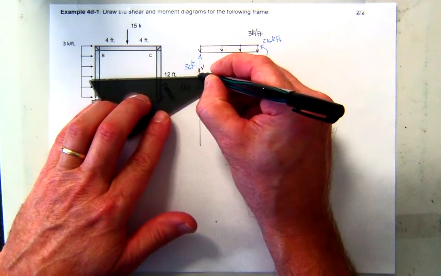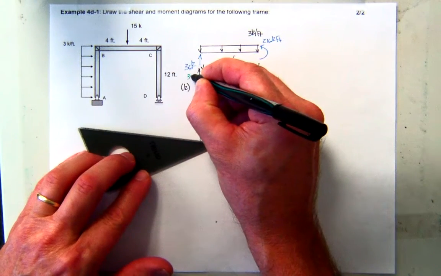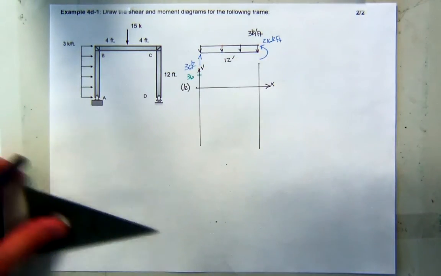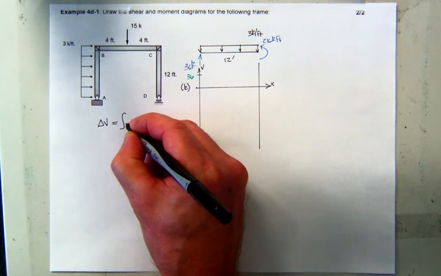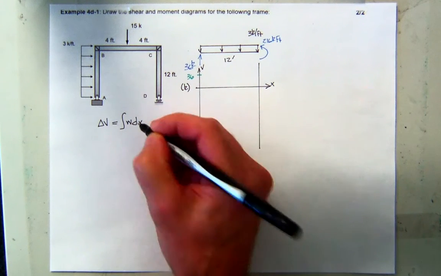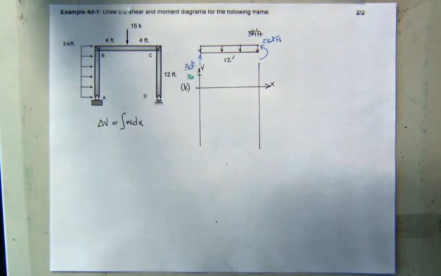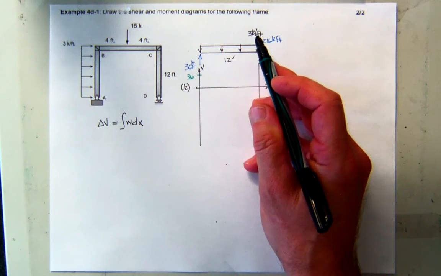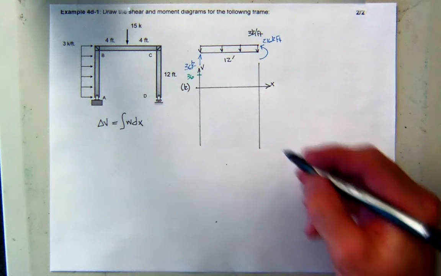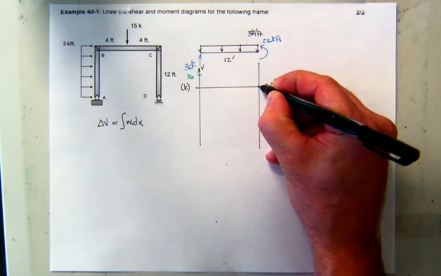Positive 36. We also know that the change in shear is the area under the load curve. Have you heard that before? Yes. Good. And then what is the area under the load curve? It's a rectangle. Base times height. 36. Positive or negative? Negative. Excellent. So it goes to 0. 36 minus 36 is 0.